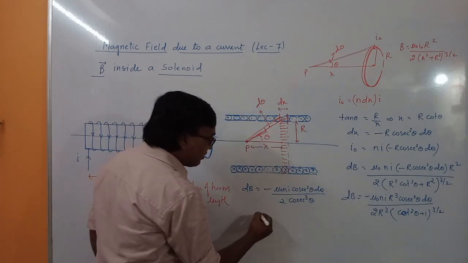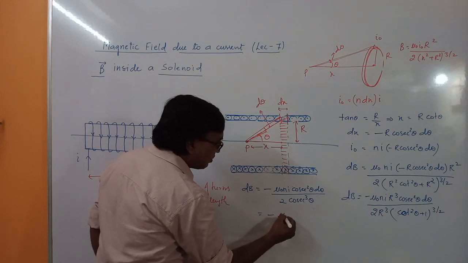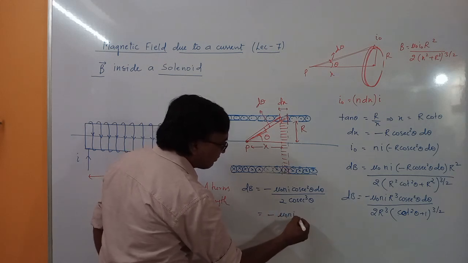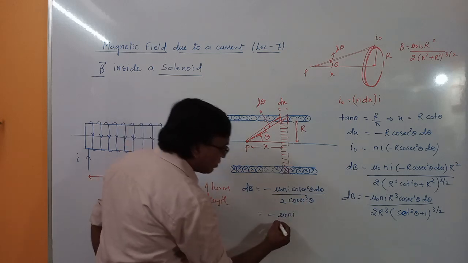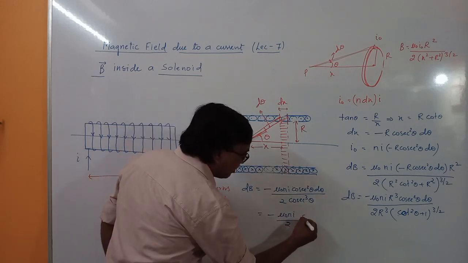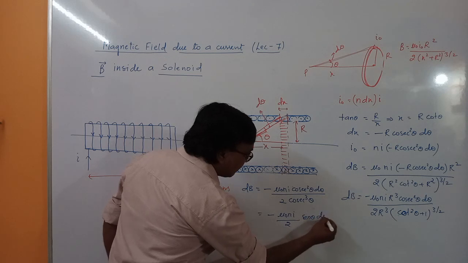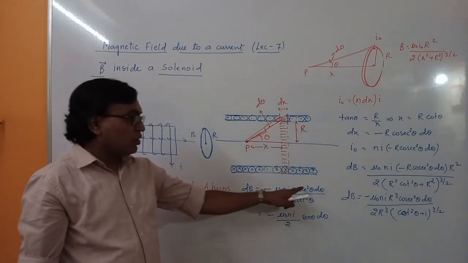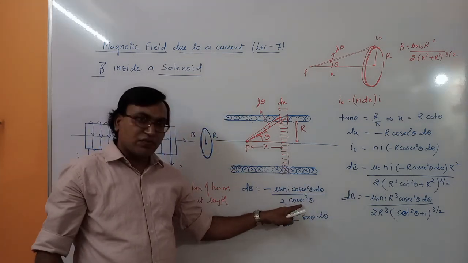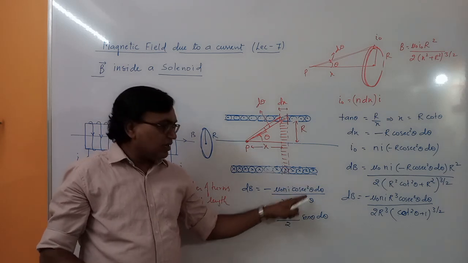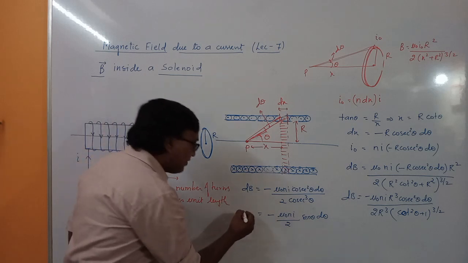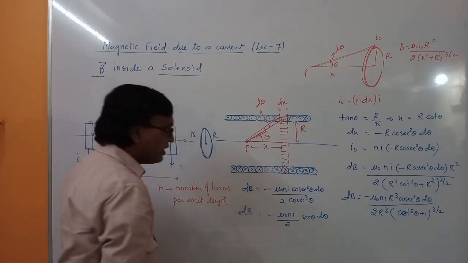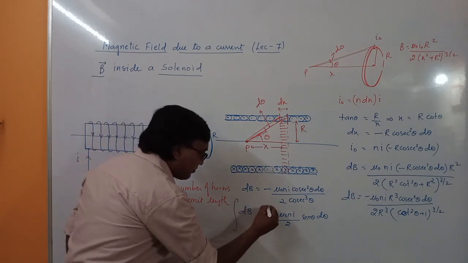So this will be equal to minus mu naught n I d theta by 2 into sin theta d theta, since cosec square theta will cancel and 1 upon cosec will be sine. So this is the final equation, which we have to integrate.